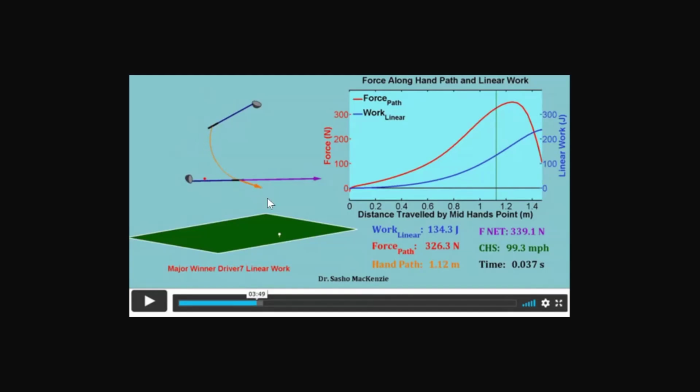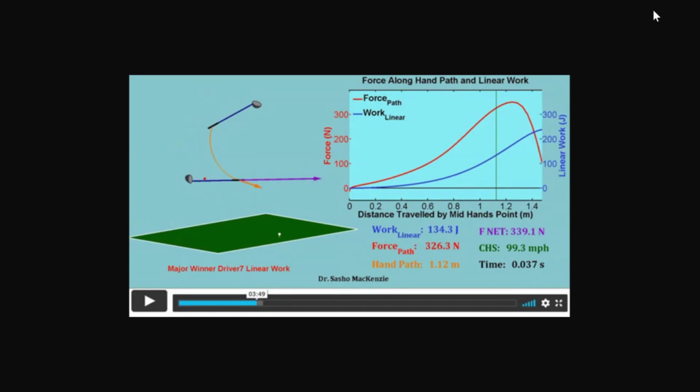The longer this hand arc path, the more opportunity you have to generate linear work. It also depends on how fast you can swing your lead arm down the hand arc path. In this golfer at impact, he generated a clubhead speed of 120 miles an hour, I think. And the amount of linear work required to do that was, remember this figure of 238.